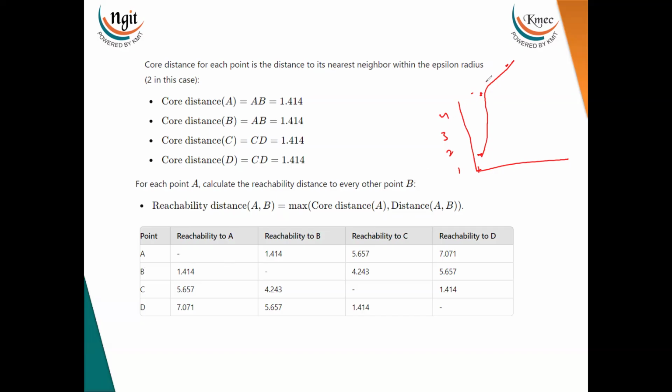In this way, the graph will be plotted for this reachability distance, and whichever data point is at the peak level, we consider that as the farthest data point. And if there are other data points which are nearer, like A to B or B to A, and similarly C to D and D to C, we have the same value, 1.414. So all these points will be at the same location, and we cluster them together.